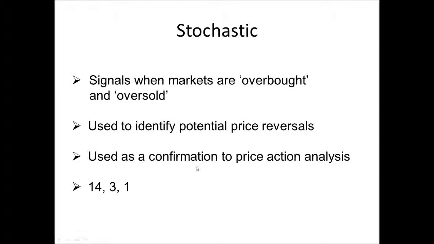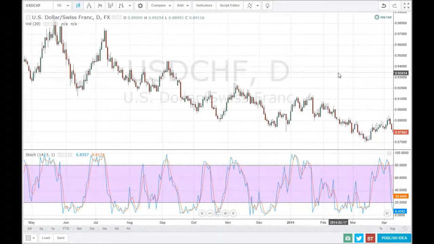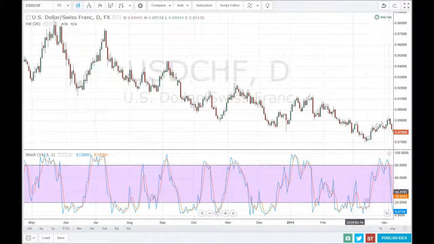The stochastic settings I'll be using in this video are the default standard settings of 14, 3 and 1. This is a daily chart of the US dollar, Swiss franc, and on this chart I have the stochastic indicator. It's this indicator at the bottom of the screen. You'll notice the indicator has two lines that move up and down. When these two lines are in this white area, which is above the 80, the indicator has a gauge from 0 to 100.